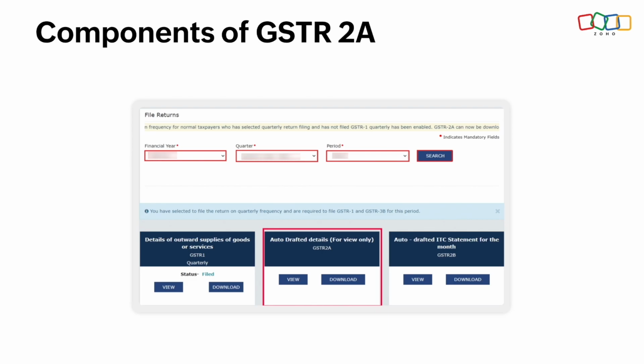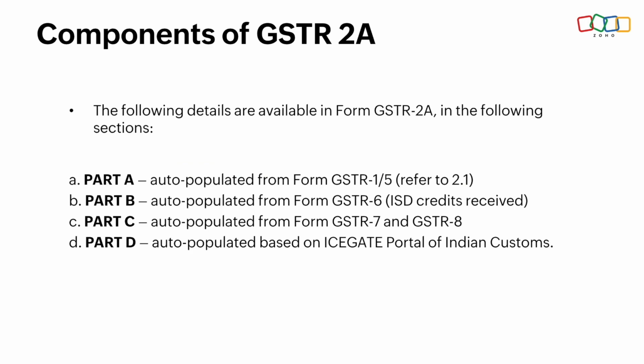You can either view it or download it. Once I click on View, the GSTR-2A components will be listed in 4 parts, Part A, B, C and D. And the various returns which we discussed earlier, like the GSTR-1 and 5, the GSTR-6, GSTR-7 and 8, and also the import of goods from the IceGate portal will be bifurcated among these 4 parts.